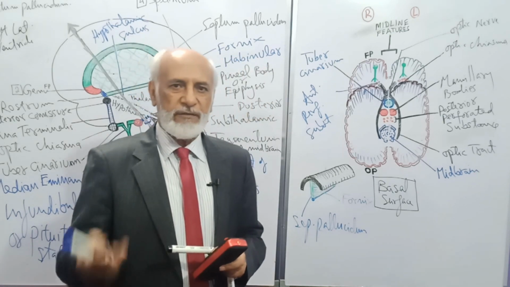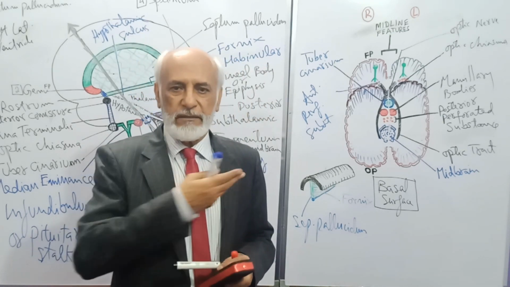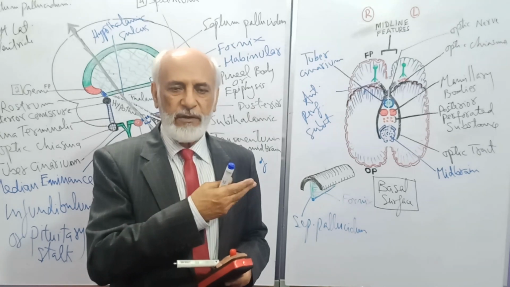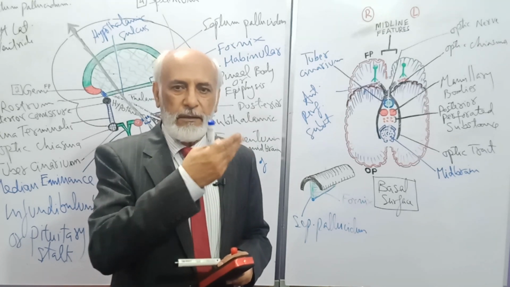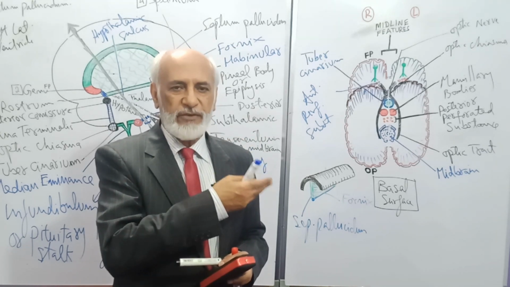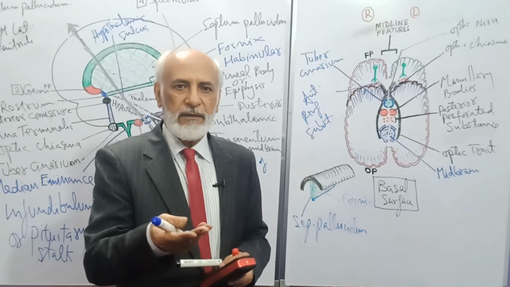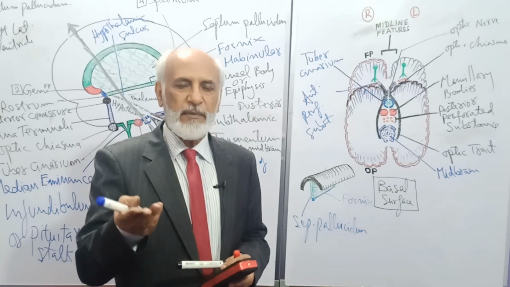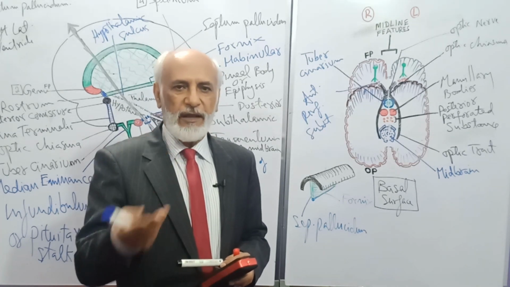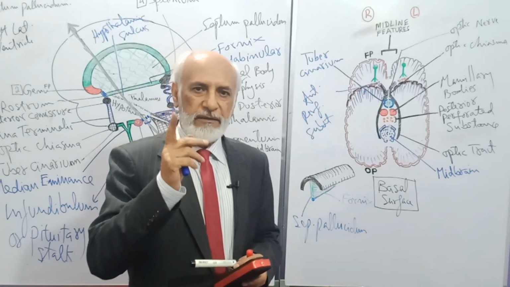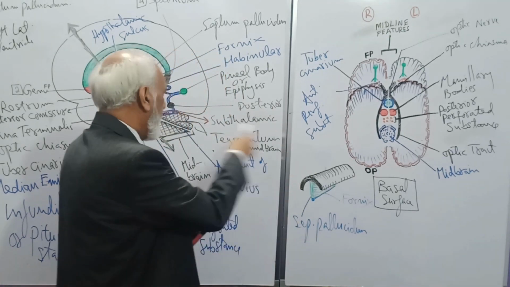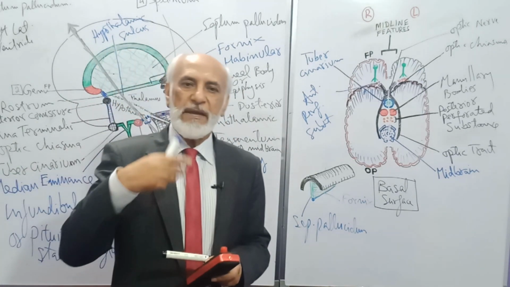So, dear students, again I am stressing that neuroanatomy is not difficult, and to know the different structures, you draw these figures again and again, label them, then you can easily remember and describe all these structures. And the other important point is that all these diagrams cover many topics.